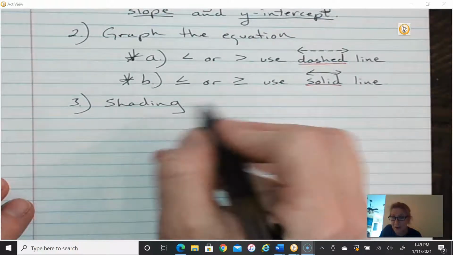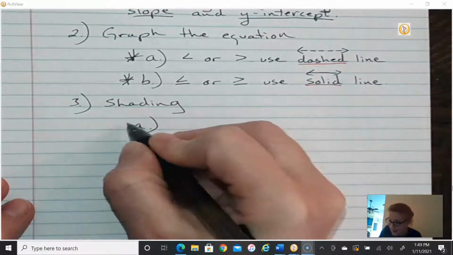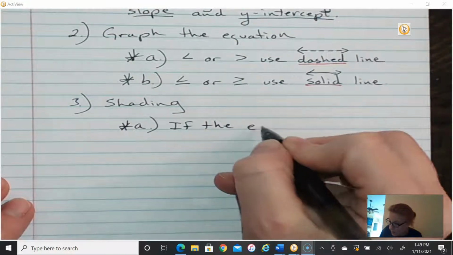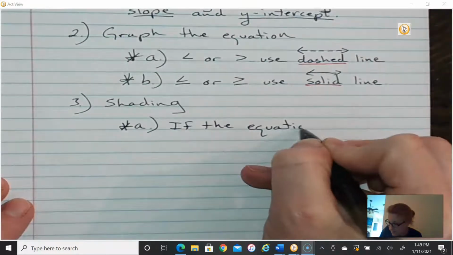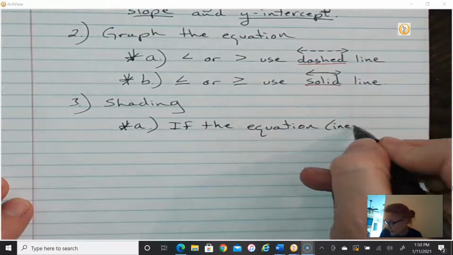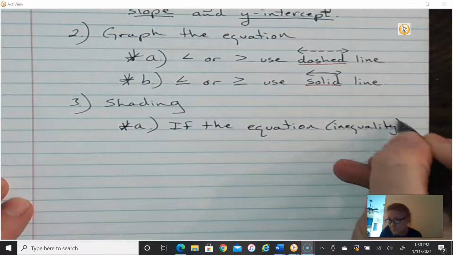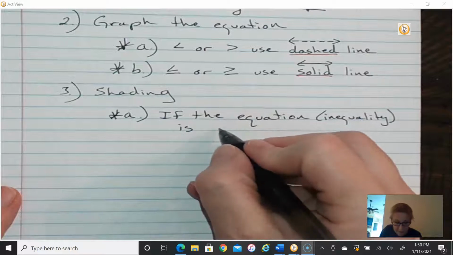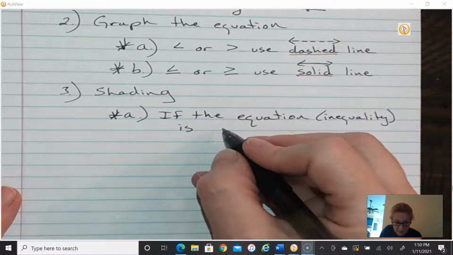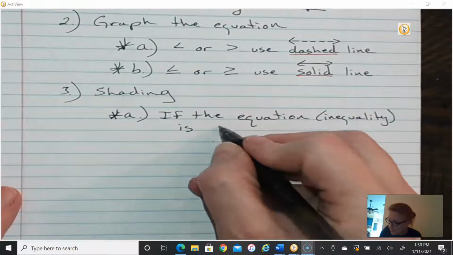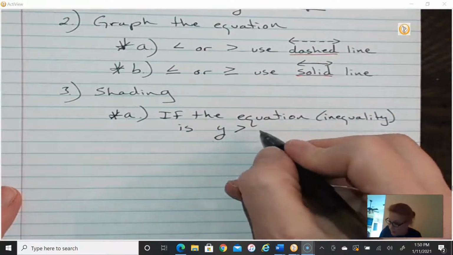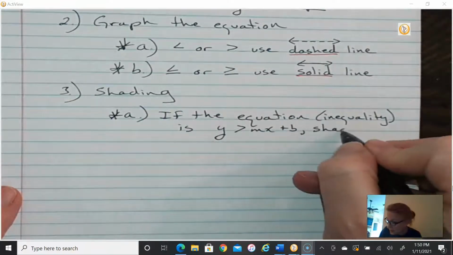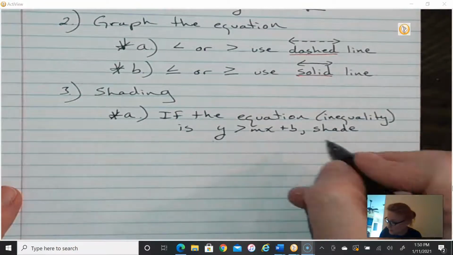So you are shading, by the way, with these inequalities. If the inequality is y is greater than mx plus b, shade above the line.